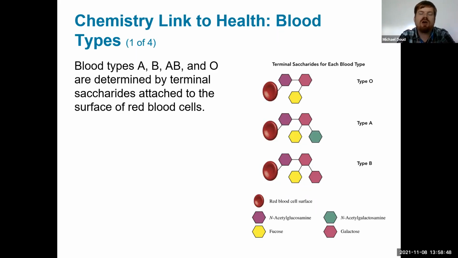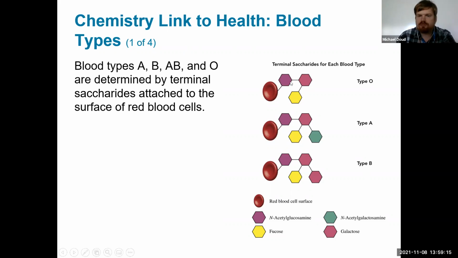Okay, all right. So now how does this link to everyday health settings? There's actually a really important consequence of saccharides for blood, which is that our blood types are based on the saccharides that are tagged units on our blood cells.